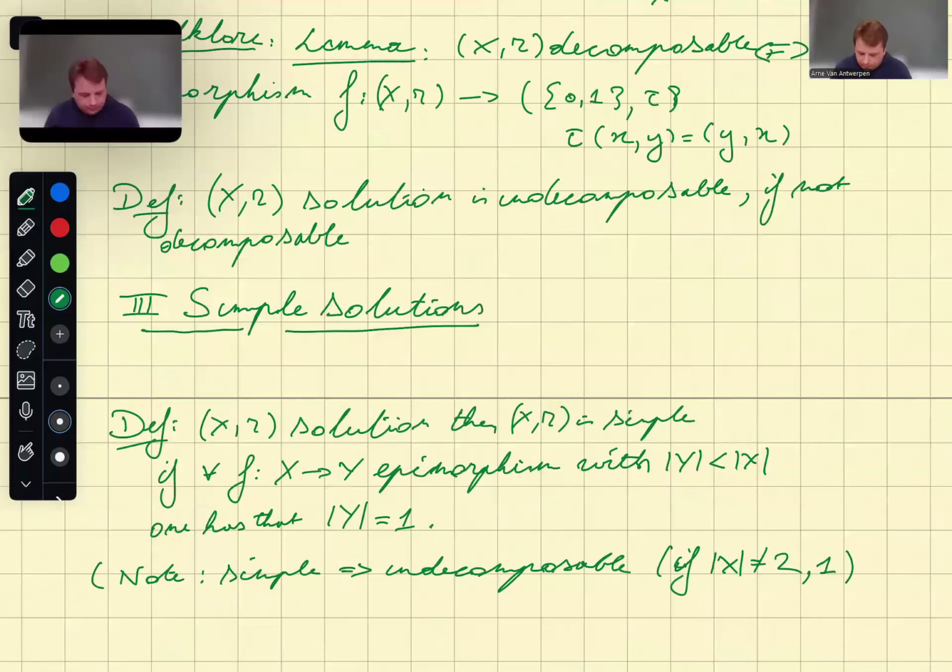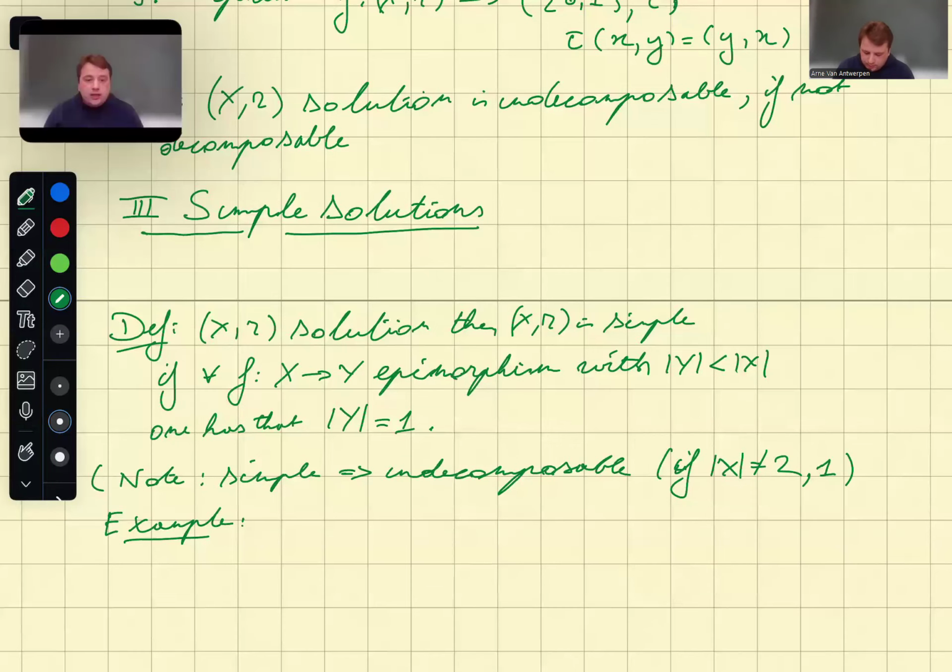All right, so let's come back to that example that I promised. An easy example of both an indecomposable solution and in some cases simple is to take a particular permutation. Let sigma be the n-cycle (1, 2, ..., n), and I look at the set X, which is just 1 to n. I define r_x(y) as sigma(y), sigma(x).